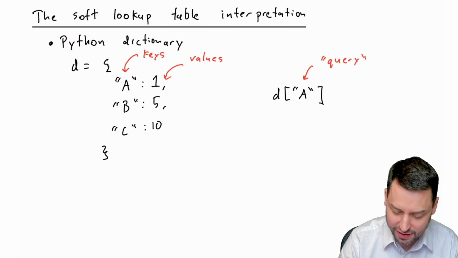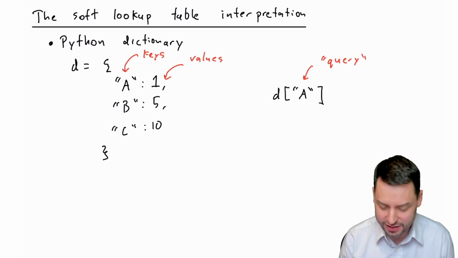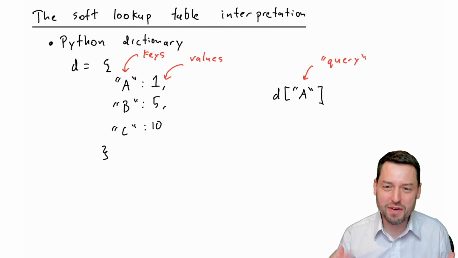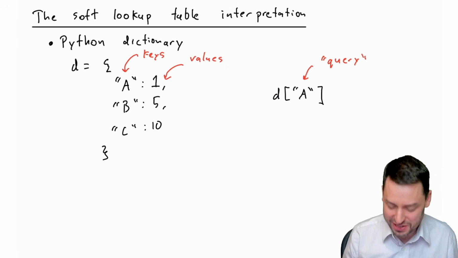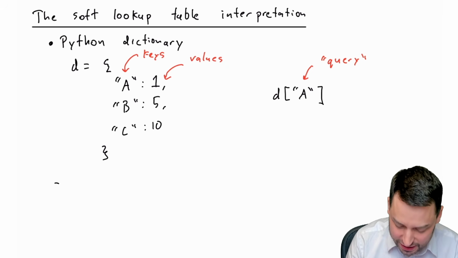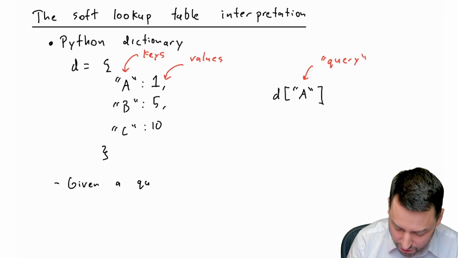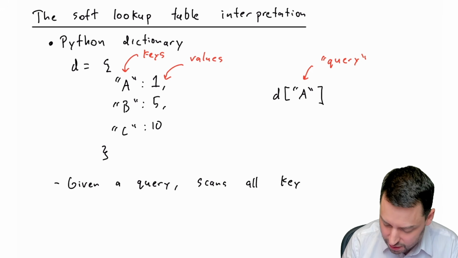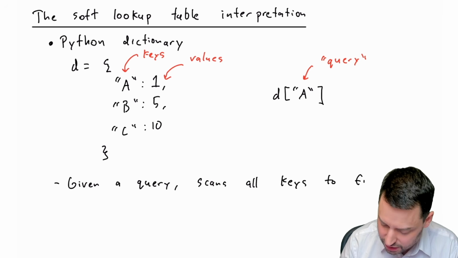Okay, so I'm going to write that down just because it's worth emphasizing. I know this is in some ways a very pedantic way of describing what a dictionary does. But what a Python dictionary does conceptually is, given a query, it scans all the keys to find a match.